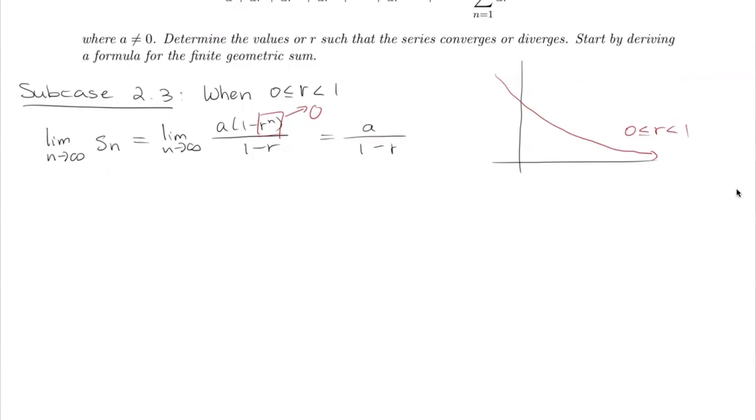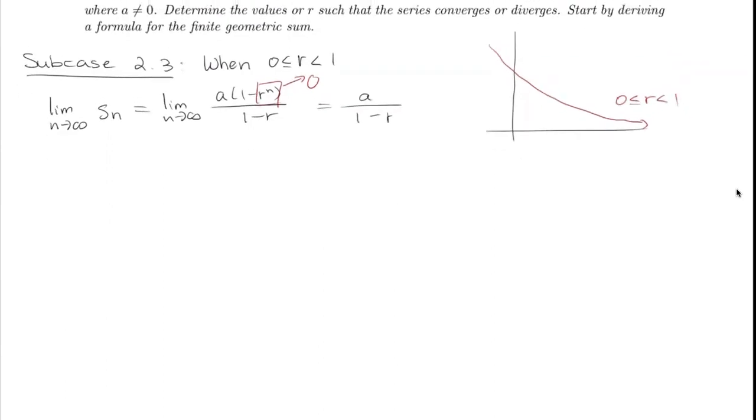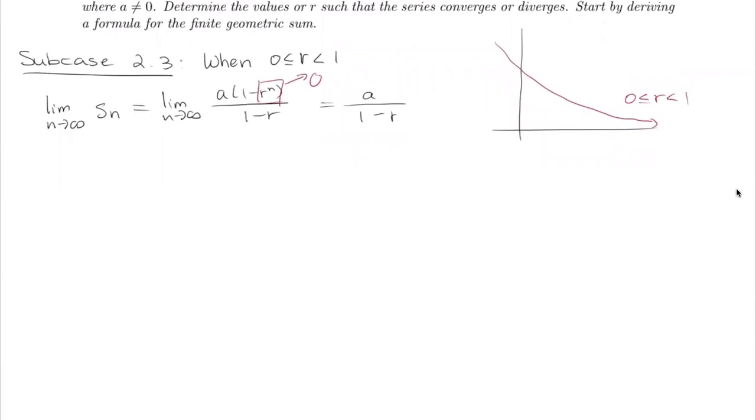And one more case that we have to look at, subcase 2.4: when r is between -1 and 0, that is, -1 less than r less than or equal to 0.